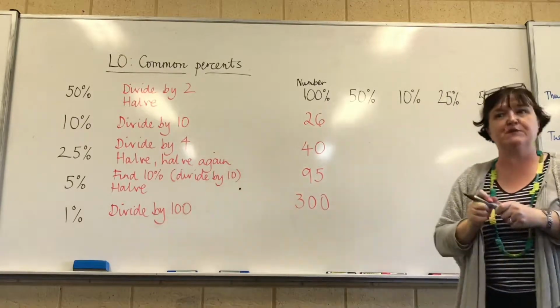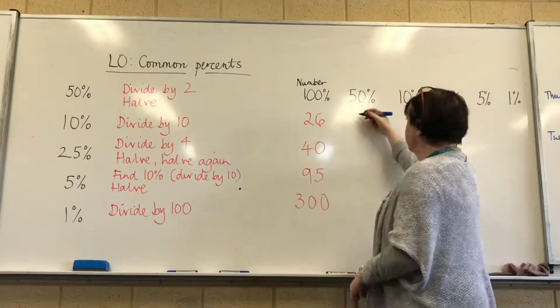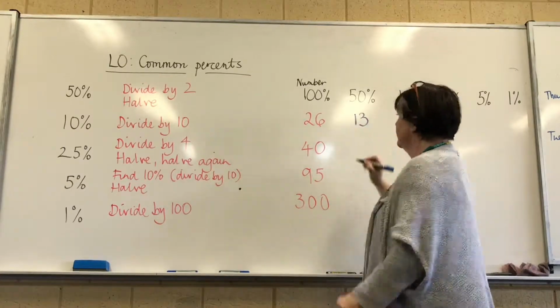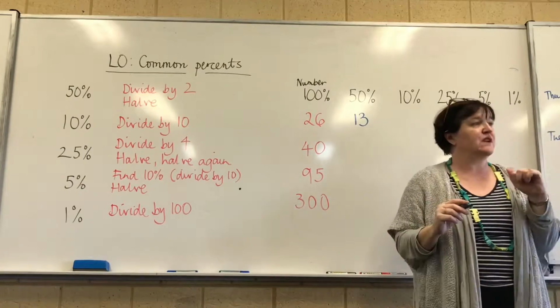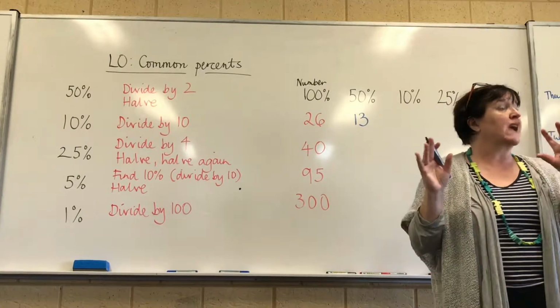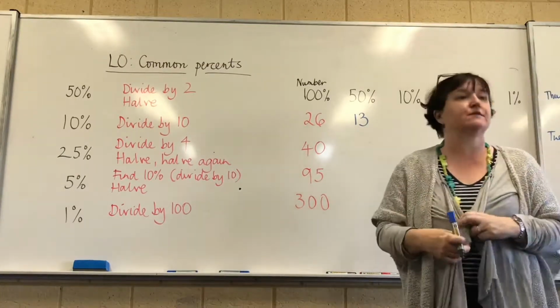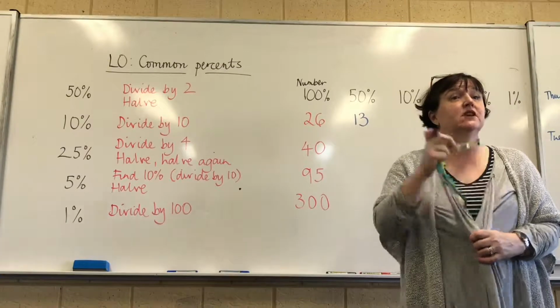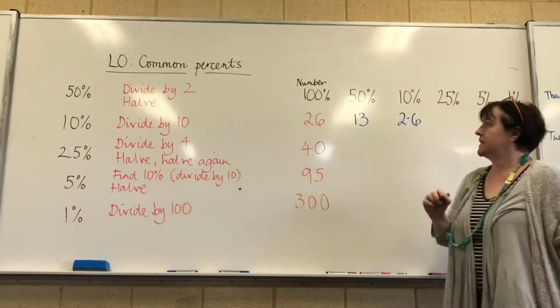So what is 50% of 26? 13. Very good. What is 10% of 26? We've got to divide it by 10. This is where you'll get a decimal in your answer. 10% of 26? Talon? 2.6, well done.